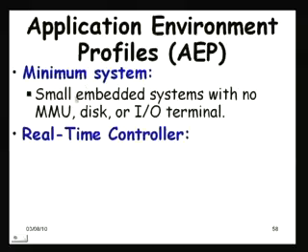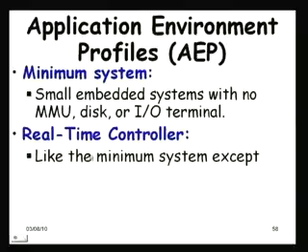The minimum system is for small embedded systems which have no memory management, no disk, no display terminal, keyboard, etc. So, these are the simplest embedded applications. The operating system targeted for this has to be compliant to the minimum system environment profile.